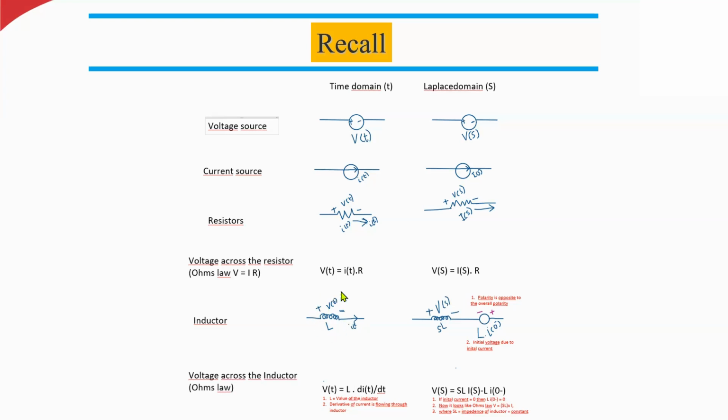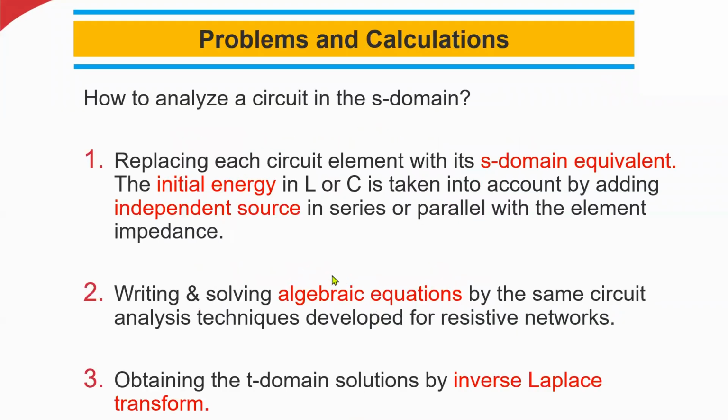Okay, this is the representation of the inductor in time domain. Now you have to convert the same into the S domain. Whenever you convert this inductor from time domain into S domain, you must consider the initial energy of this inductor. That is what I told you just before.